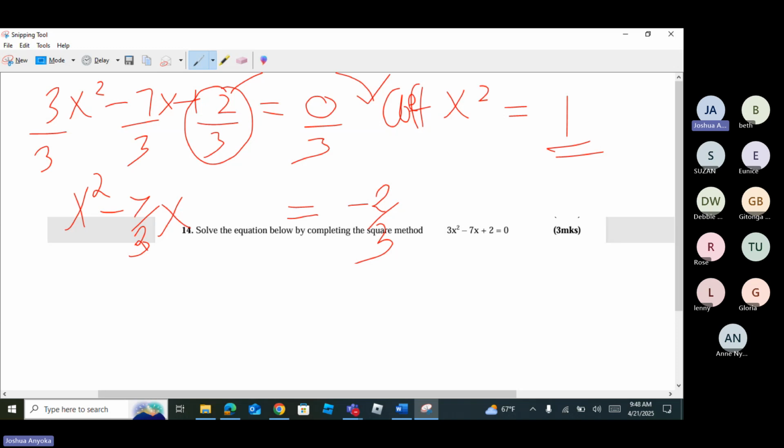Then take the constant to the other side. Then complete the square. Completing the square, you add b over 2 squared both sides. So our b over 2 is negative 7 over 3 times 2.